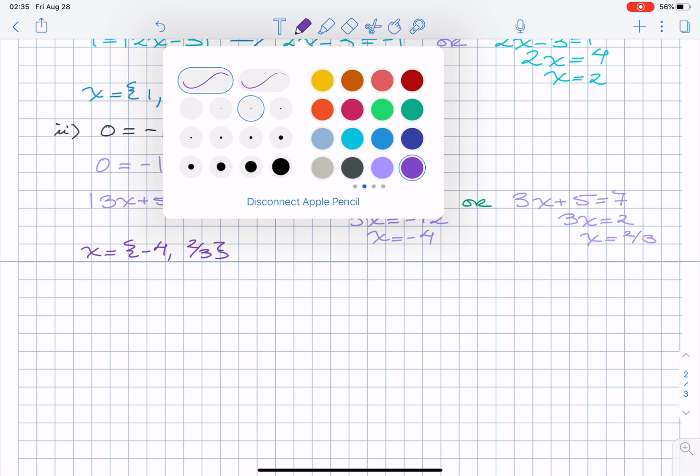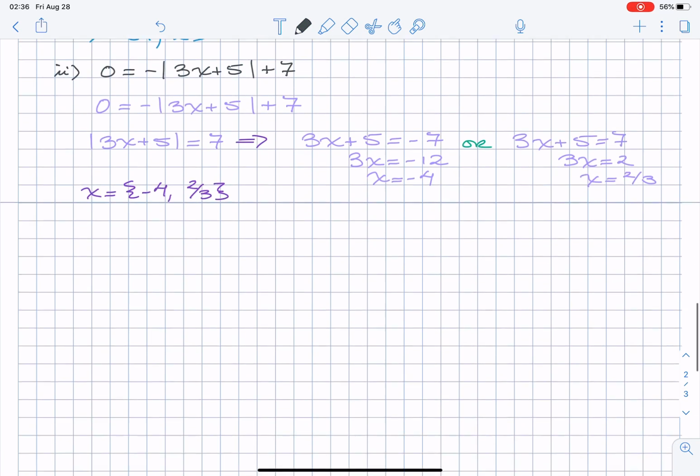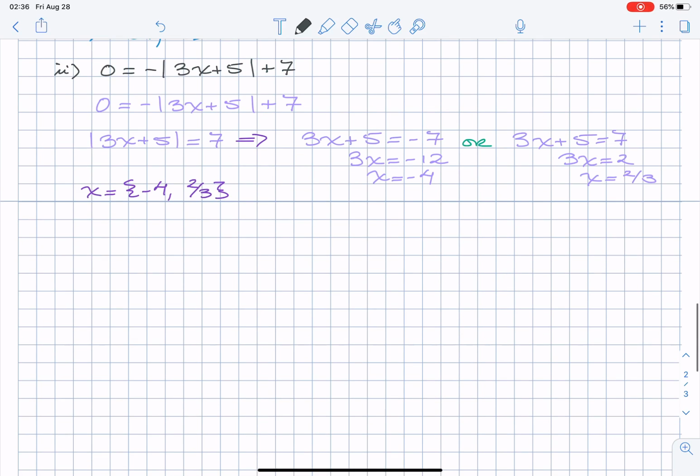Okay, so let's do another one. And I just barely fit that on there. So number 3. And the final one for this one, let's do 0 is equal to 4 times the absolute value of x plus 2, minus 12.